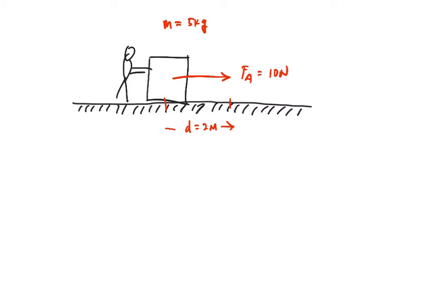Normal force does no work. So the total work done is just equal to 10 newtons times 2 meters, which gives me 20 joules of work. So that's the work done. And I mentioned earlier that this work has also got to be equal to energy. Somehow this means 20 joules of energy is transferred.